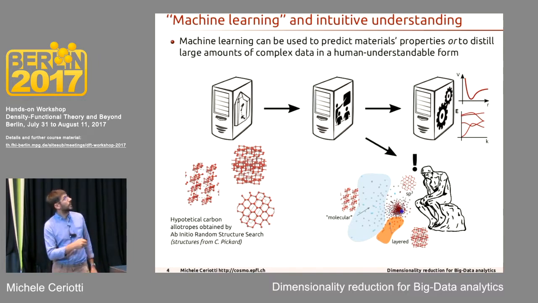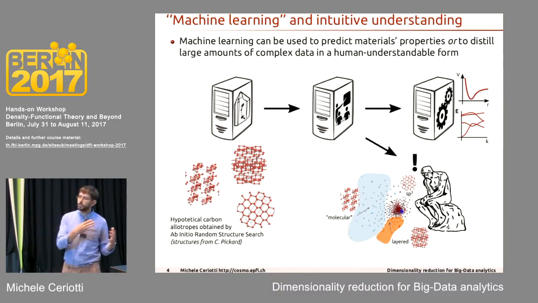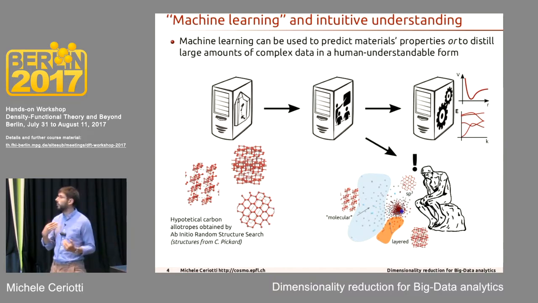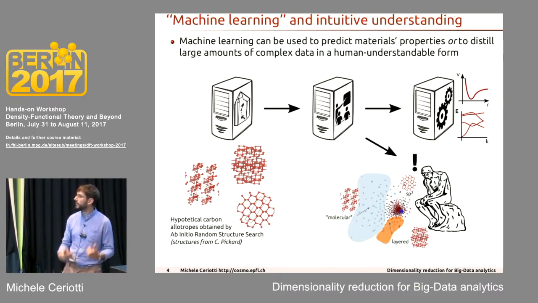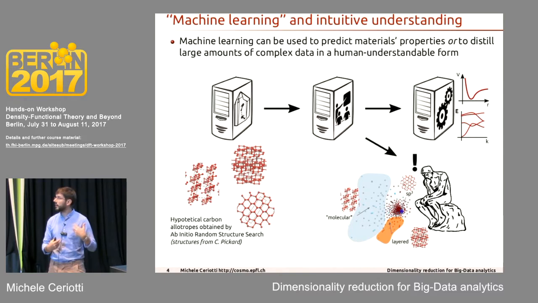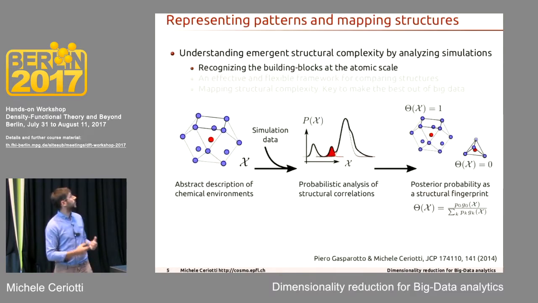And what I've come to realize is that actually these two things really go hand in hand. I will really try to show you predictions of materials properties, but each time try to show you how from the operation of performing this prediction, you can understand something about the material on a deeper physical level.